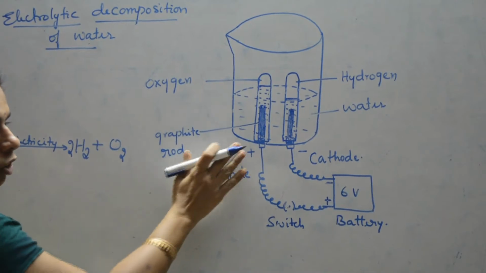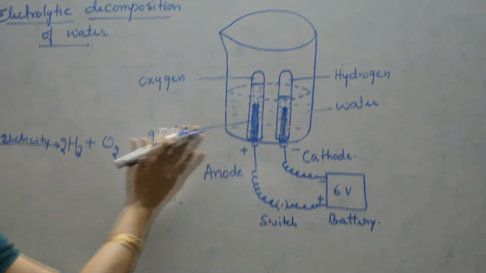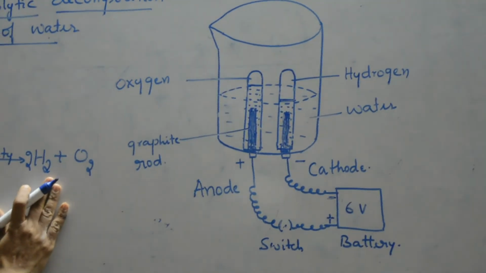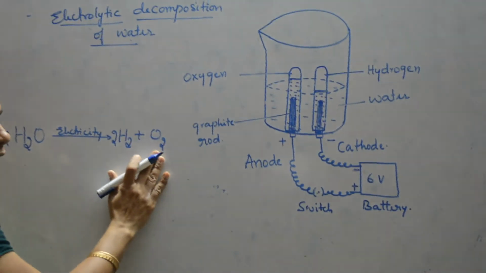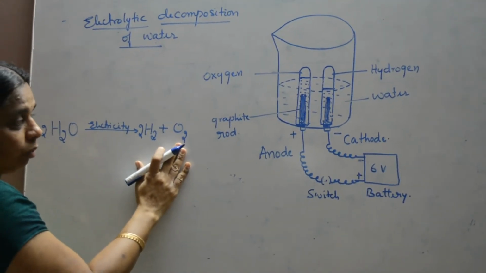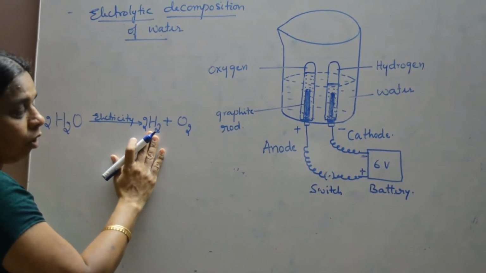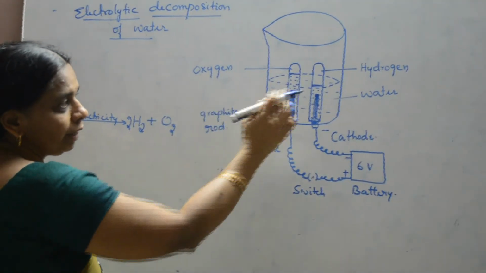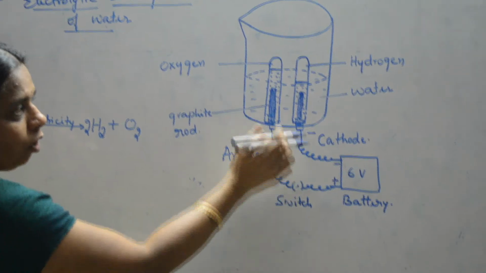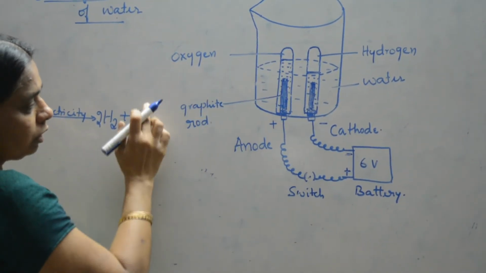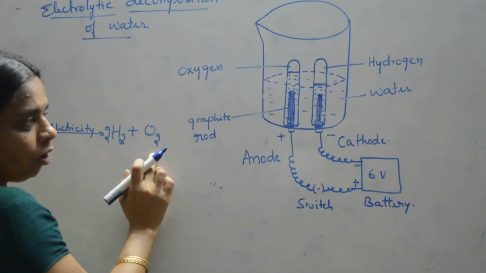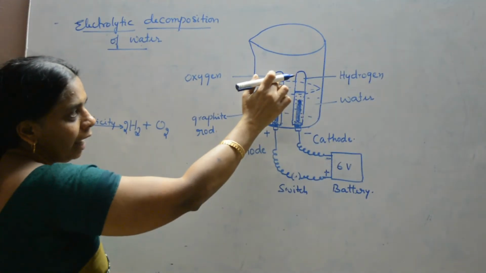Electrolysis takes place and water slowly decomposes into hydrogen and oxygen. Hydrogen forms a positive ion, so we get it at the cathode, and oxygen always forms a negative ion, so we get it at the anode.